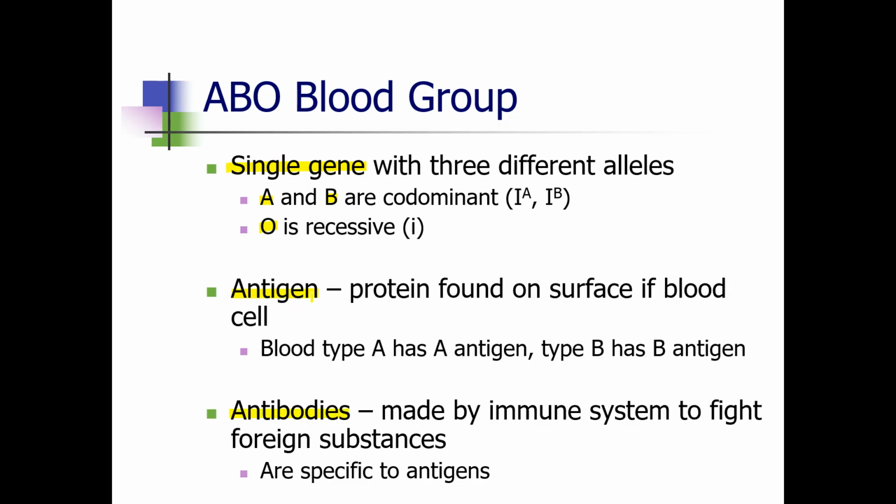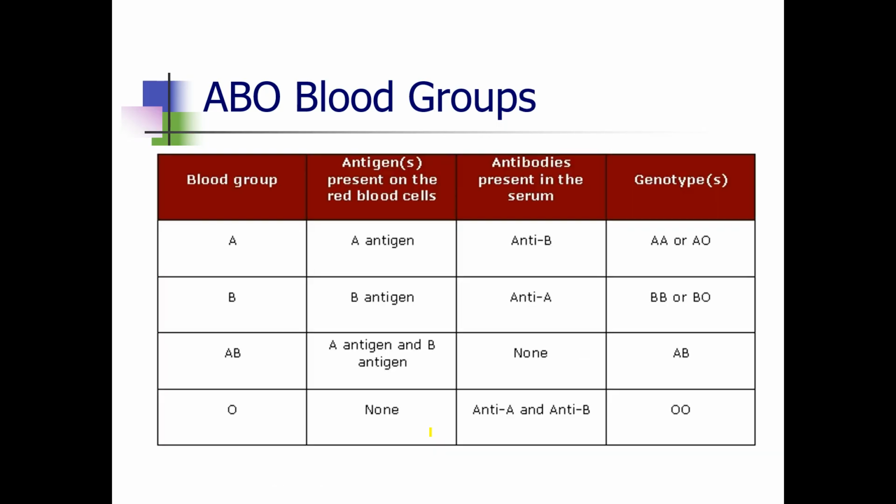So antigens will trigger the production of antibodies if they are not recognized. So this is why, like if you're type A, you cannot receive blood that has a B antigen because your body would not recognize that protein. So A people would produce antibodies to B, and B people would produce antibodies to A. It's kind of backwards like that.